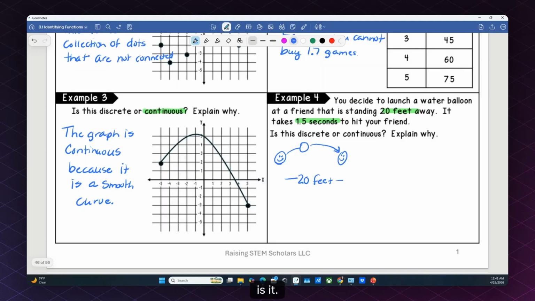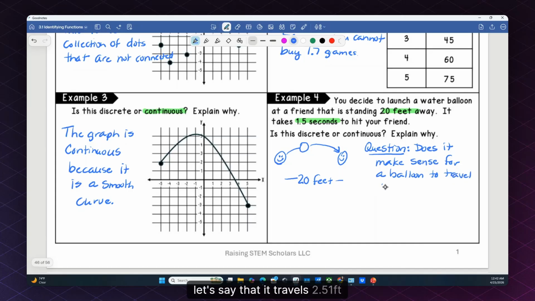Now, does it make sense? This is the question that we're asking ourselves. So the big question: does it make sense for a balloon to travel, let's say that it travels 2.51 feet in, I'm just going to make up an amount, like 0.013 seconds?